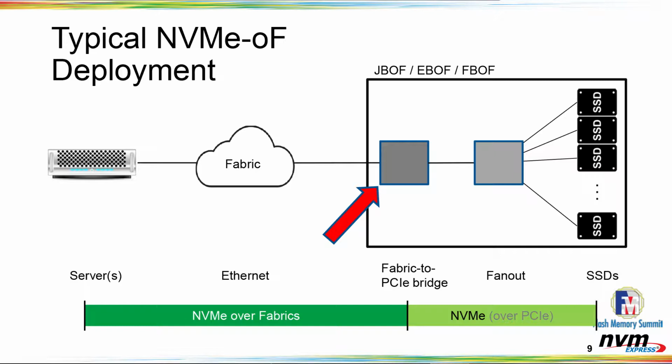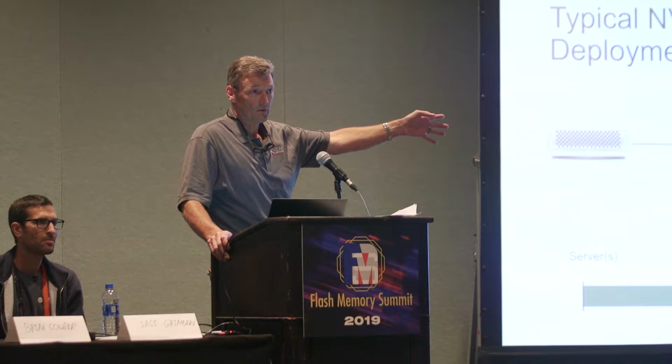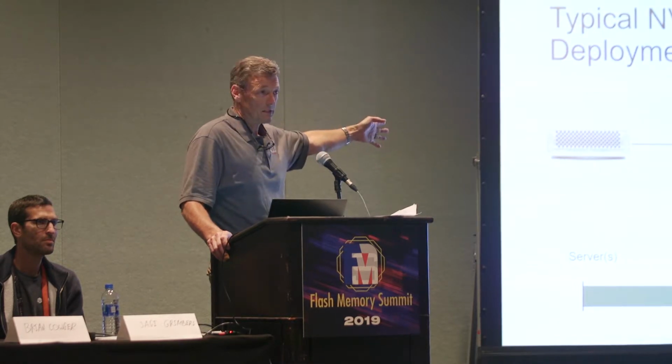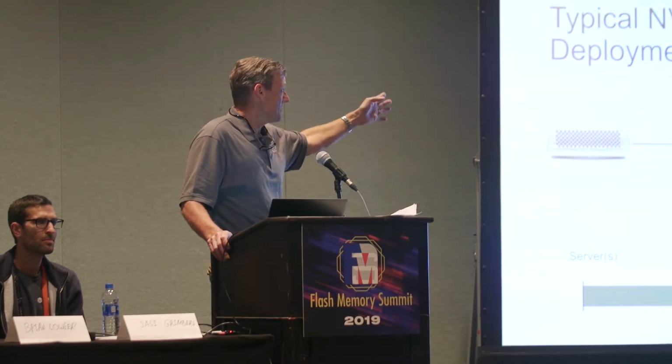It's a PCI Express switch often, adding some number of nanoseconds to the overall latency. The SSDs are the common theme here in terms of latency. Whatever latency they exhibit over there would have been the same latency that they exhibit in that server.